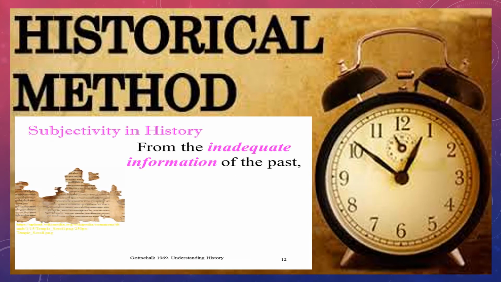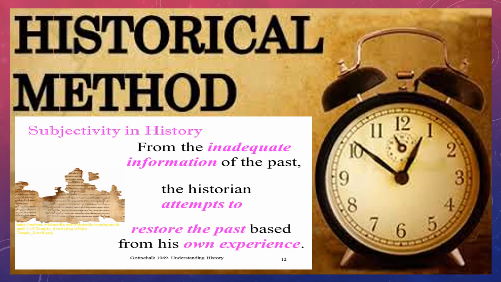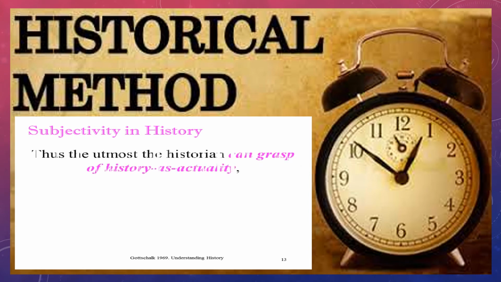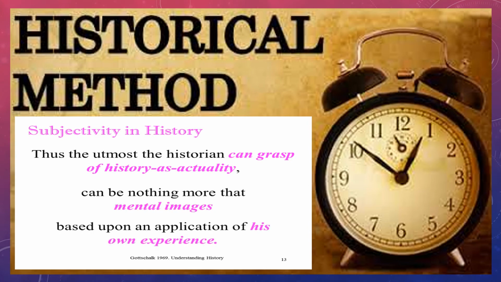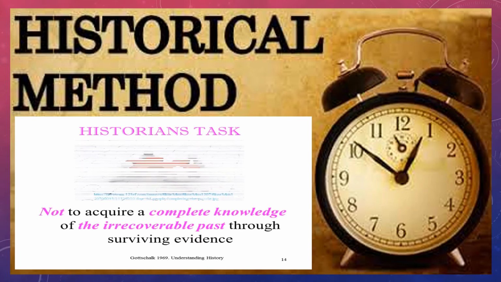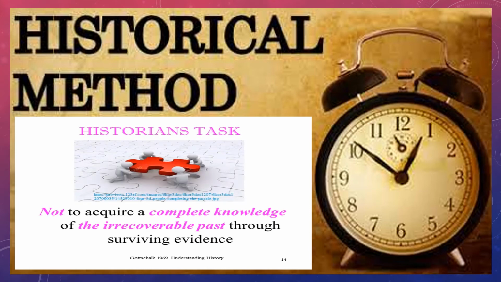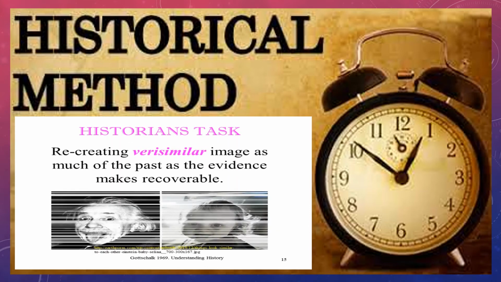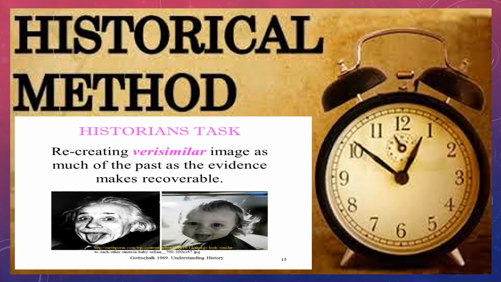From the inadequate information of the past, the historian attempts to restore the past based on his own experience. Thus, the utmost the historian can grasp of history as actuality can be nothing more than mental images, based upon an application of his own experience. The historian's task is not to acquire a complete knowledge of the irrecoverable past through surviving evidence, but to recreate a very similar image of as much of the past as the evidence will allow.